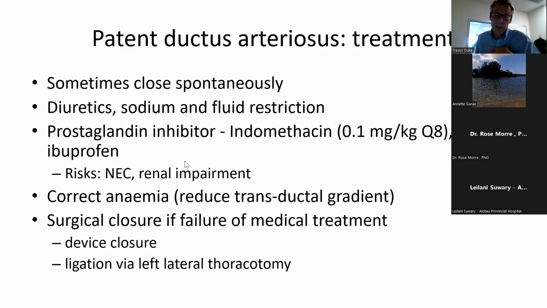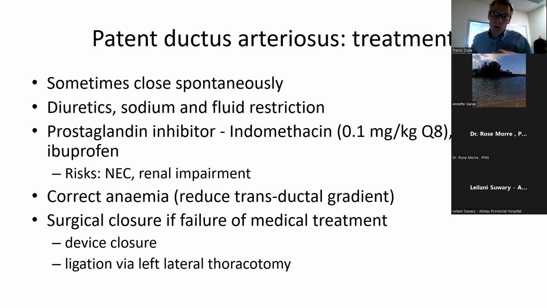It doesn't work so much in large congenital PDAs that present in the child who's 1 year of age; they don't usually close with indomethacin or ibuprofen. You should try to correct the anemia, because again, that reduces what we call the transductal gradient.